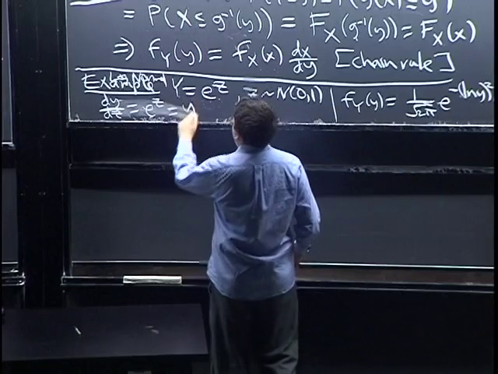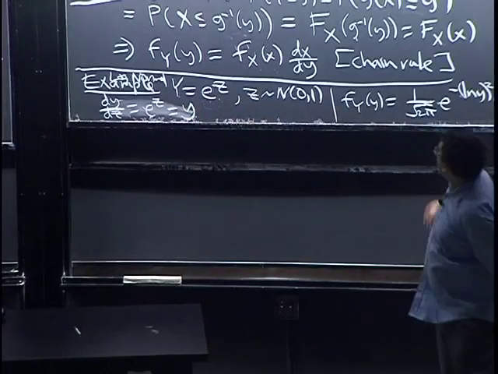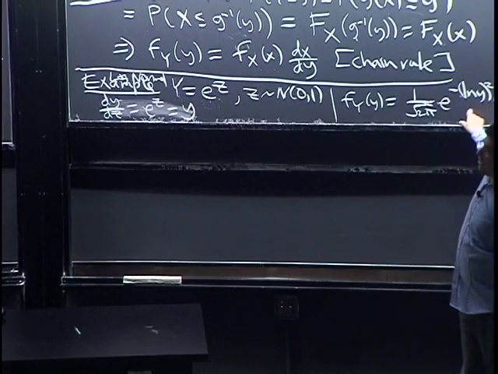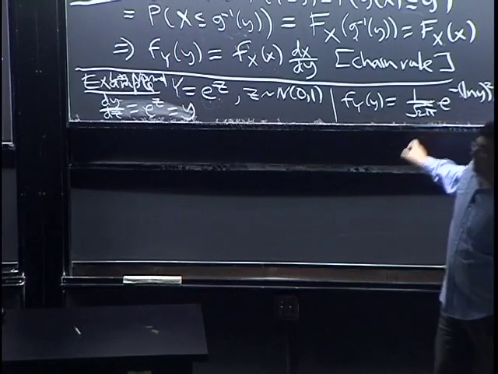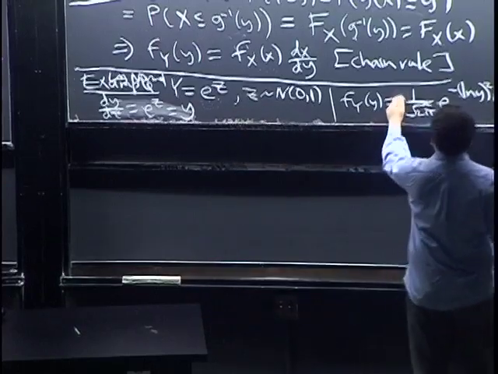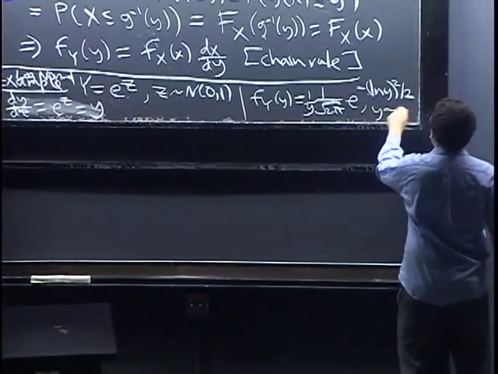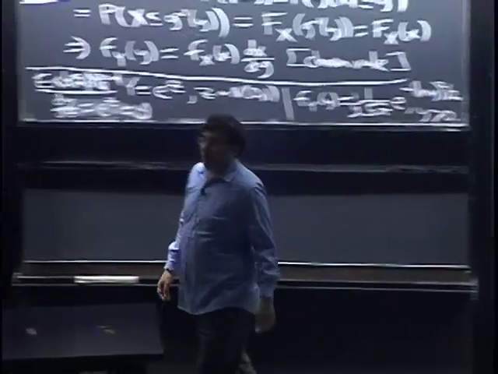So that wasn't too difficult. And then we just need to be careful about whether we multiply by dy dz here or dz dy, right? But that says dx dy, so it's the reciprocal of this, so we're just going to put a 1 over y. And this is for y greater than 0. So that's going to be the PDF.